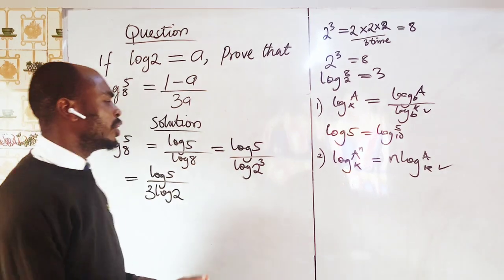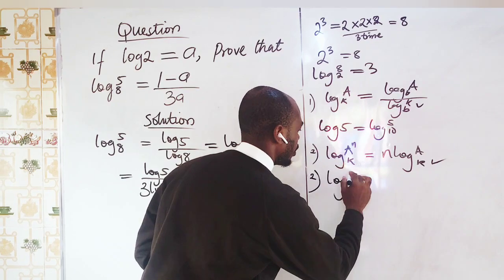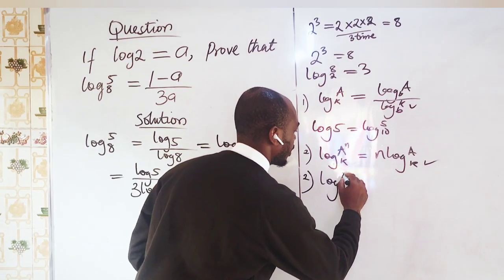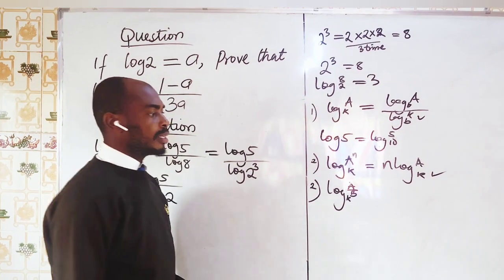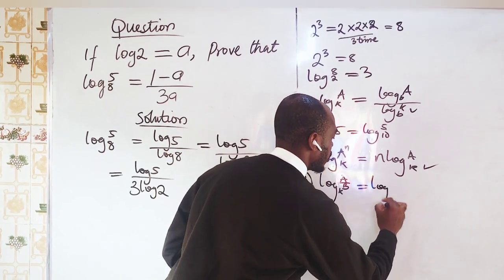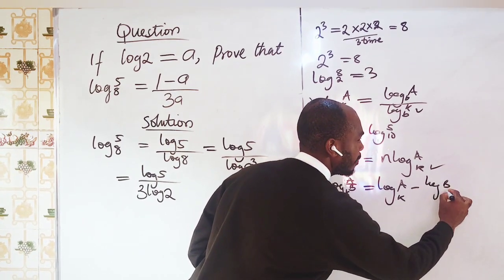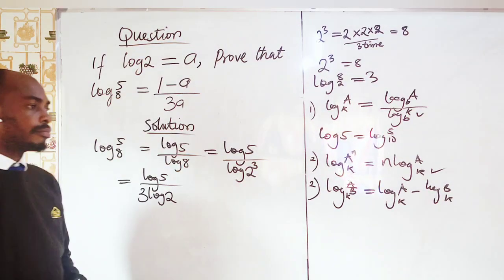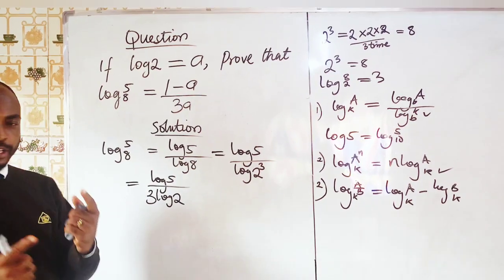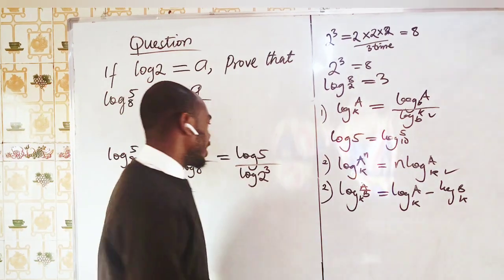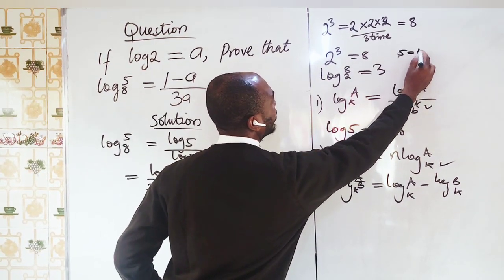Now let us go to the division law as well. If you have log (A divided by B) to base K, it's the same thing as saying log A base K minus log B base K. In place of this 5, I am going to do a little manipulation. 5 is the same thing as 10 divided by 2.